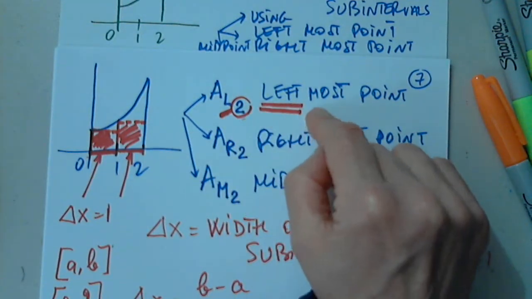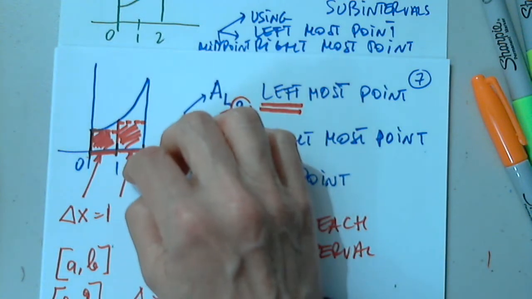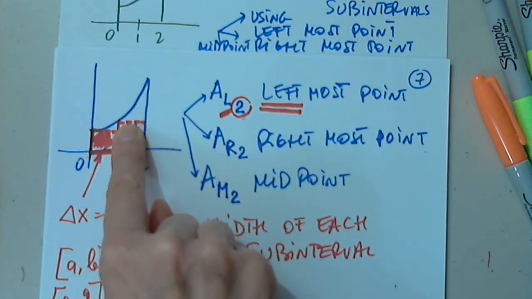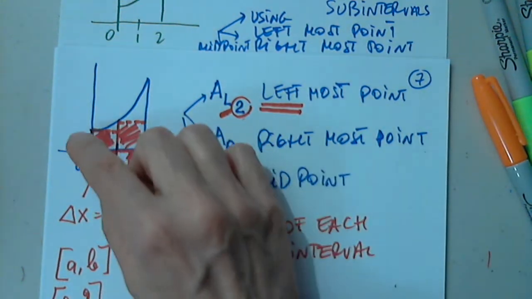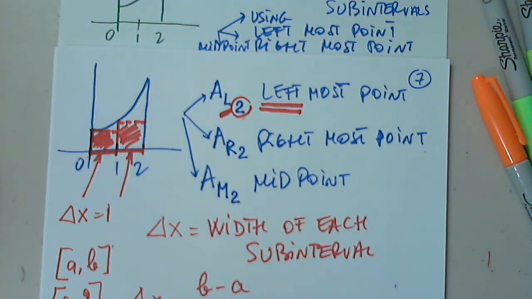If I'm using the leftmost point for the function that I chose, I will add this area to this area. Will it be an overestimation or an underestimation of the actual area?